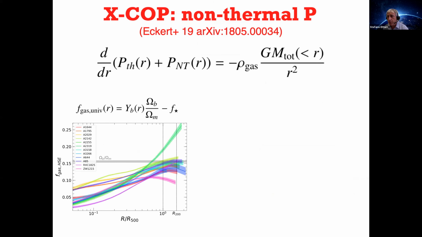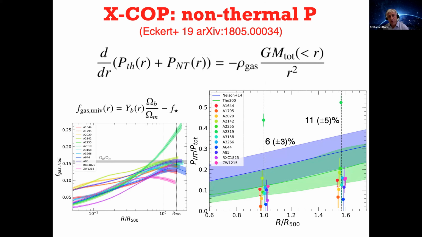How much is left? You can also try, from a more astrophysical point of view, to infer which is the non-thermal pressure support that could play a role in making equilibrium in your systems.